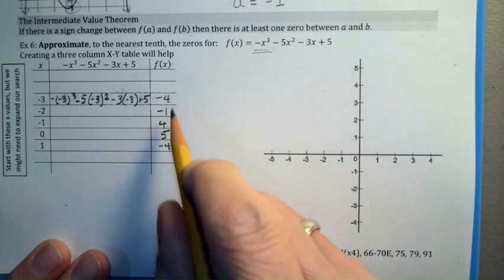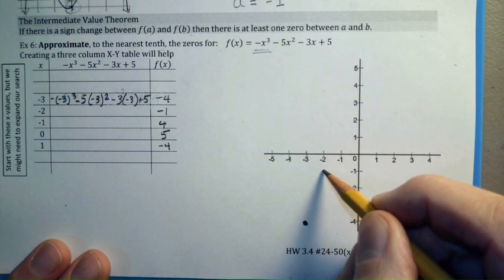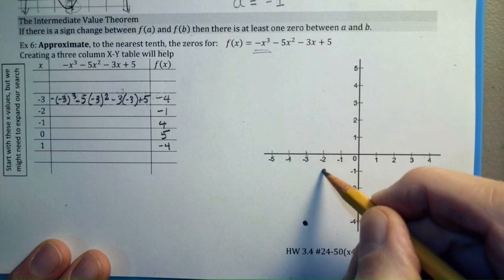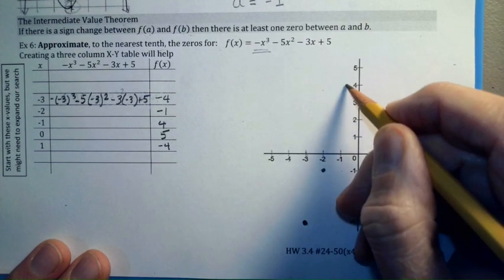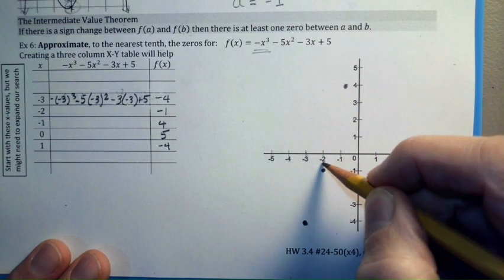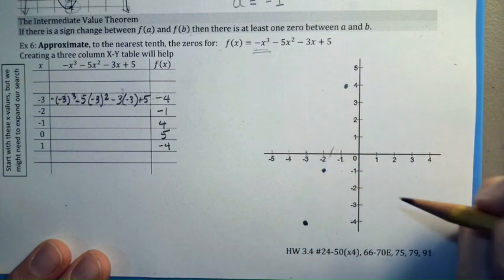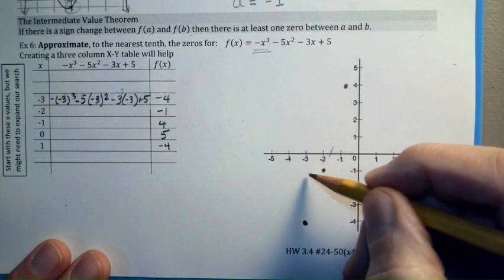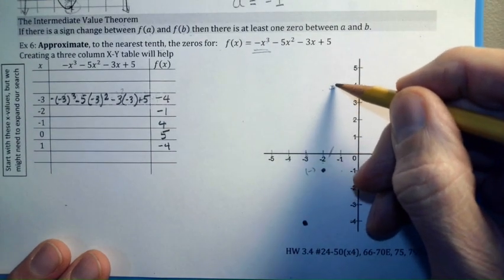Then at negative 2, I'm at negative 1, so I've gone up to negative 1. And at negative 1, I'm up at 4. So somewhere between negative 2 and negative 1 for the x value, I have a 0. I'm crossing there somewhere because here it was negative, and here the y value is positive.